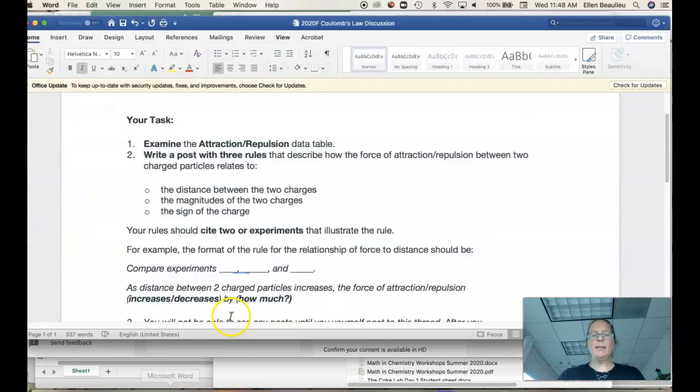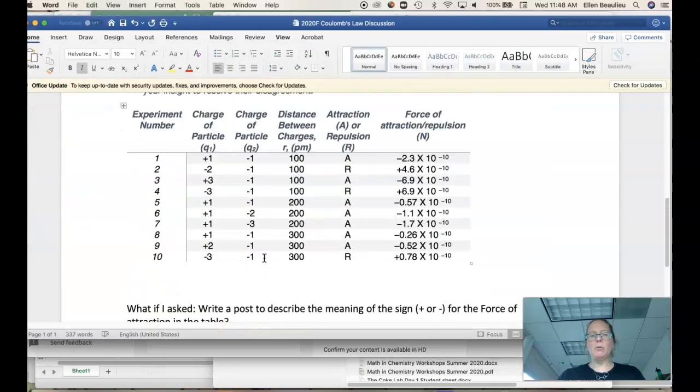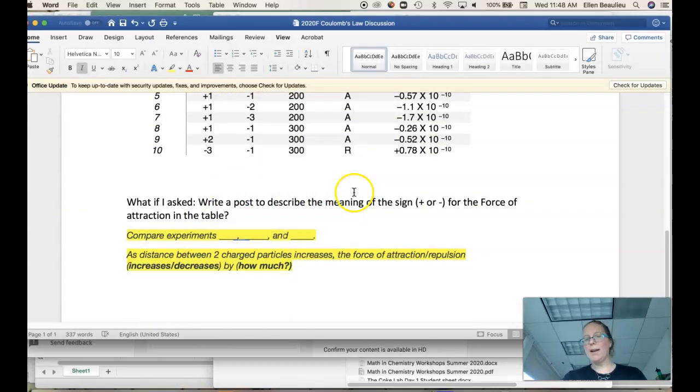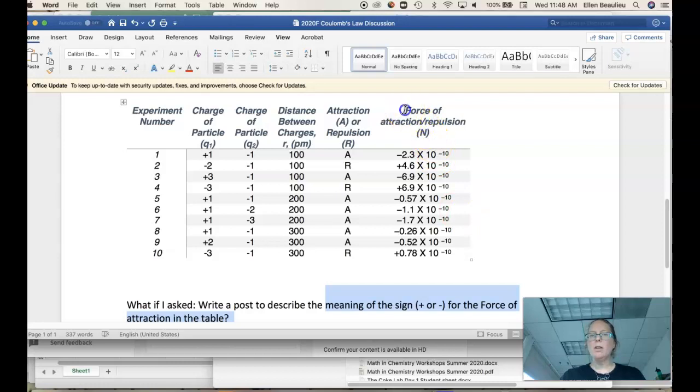Let me show you an example of what I mean by a rule. What if I asked you to write a post describing the meaning of the plus or minus sign in that force of attraction? Well, here's the force of attraction part of the table. Here's all the experimental data. I want to pick out 2 experiments that are going to help me make a claim about what the sign of that force means, whether it's positive or negative.